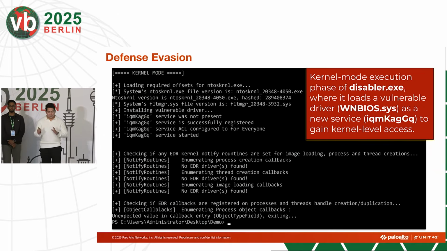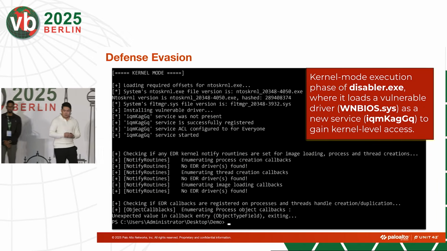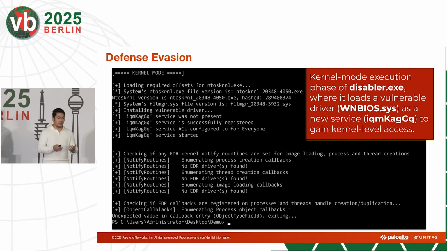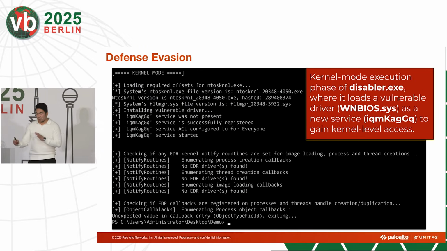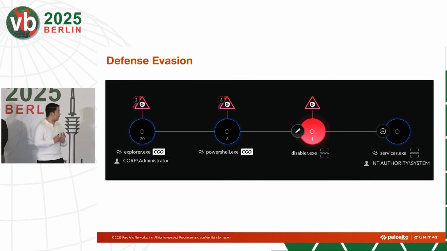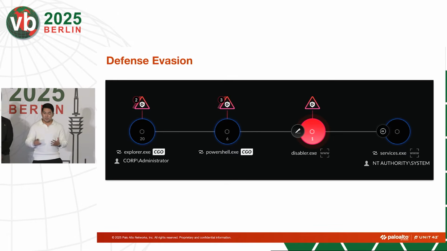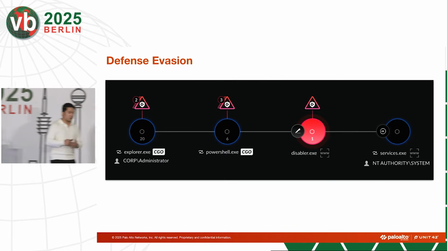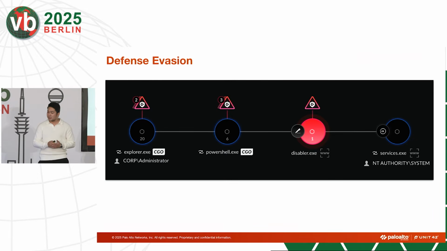Then this is where the magic happens, because this is where they perform BYOVD, or Bring Your Own Vulnerable Driver, using WinBIOS.sys, which is always included in the execution of this bypass, to gain kernel-level access and unhook those EDR tools. This is just a look at how they perform the attack, but we'll do a demo of it. After running disabler.exe, it also creates a service as part of persistence.